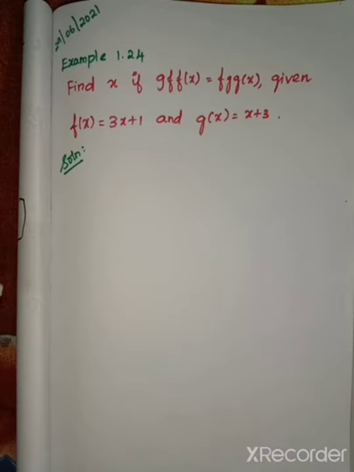Example 1.24: find x if g of f of x equals f of g of x, given f of x equals 3x plus 1 and g of x equals x plus 3.